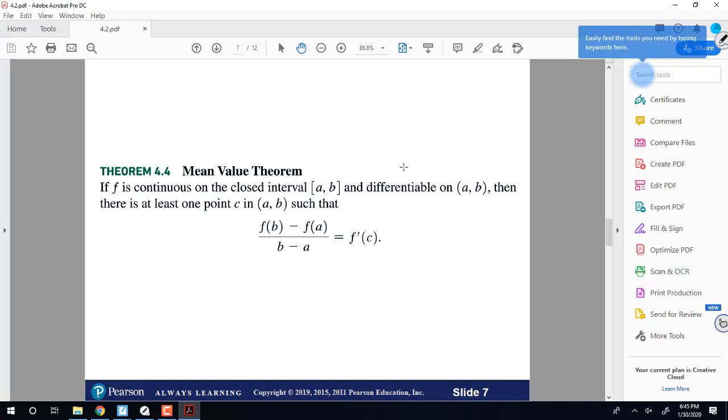So the mean value theorem says that if you've got some function that's continuous on a closed interval and differentiable on an open interval, what does differentiable mean again? Differentiability implies continuity, so it does mean continuous.